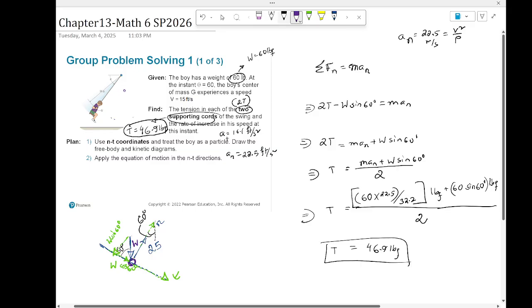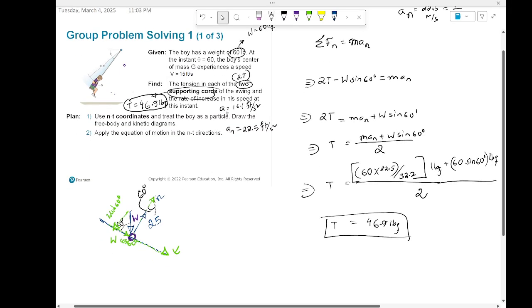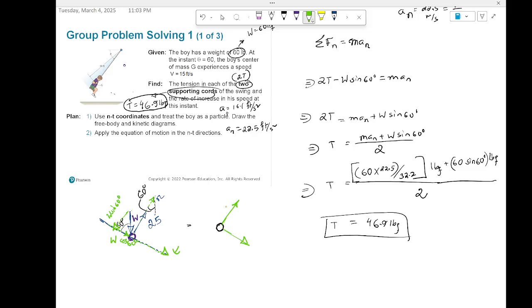All right, now can you do the other one? Like, what is the other one? Oh, which is equal to the kinetic diagram. So assume still the baby is the ball, and you have this resultant going on one in the N direction, which would be m a_n, and another one in the T direction, m a_t, right?